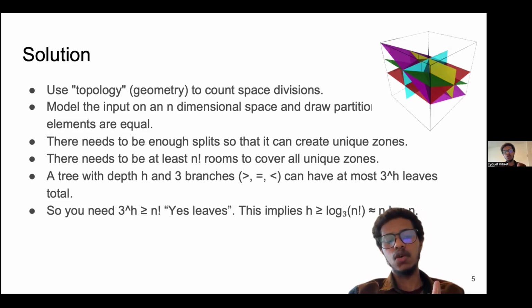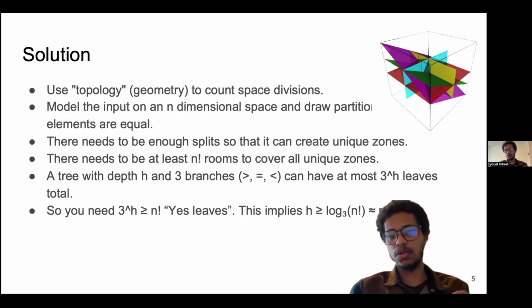When comparing two numbers, when we're running the algebraic equations, we can draw a hyperplane on their equality. Later on, when the algorithm runs, if that point lands on that plane, it makes sure that there are duplicates. So we need to slice the n-dimensional space into enough splits so there can be unique zones to be identifiable.